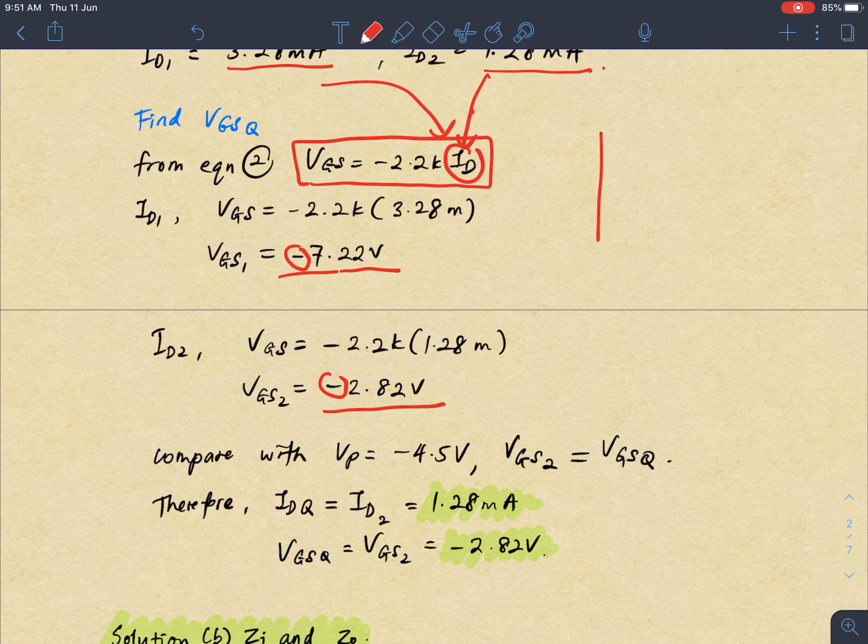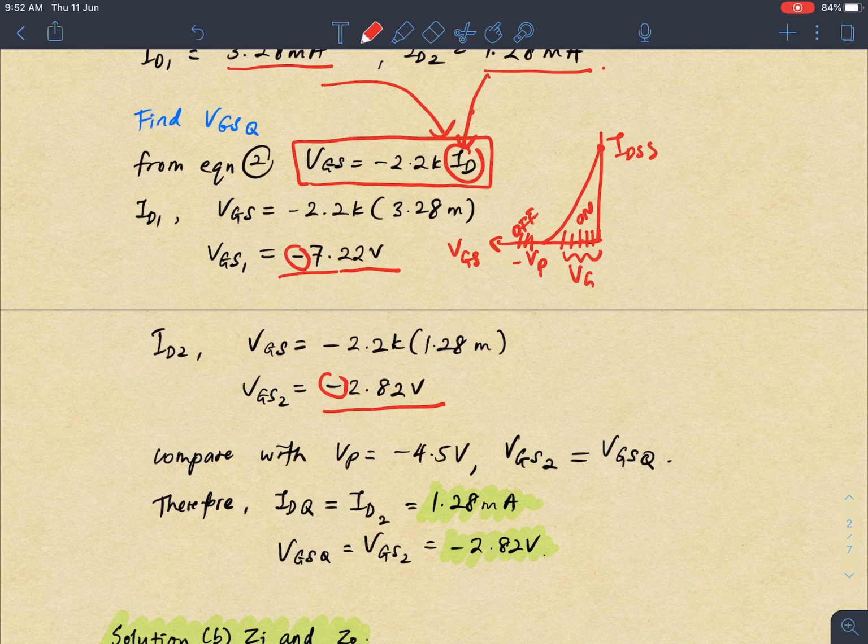Remember this transfer curve. The VP is negative and this is IDSS. So actually your VGS should be between 0 and VP, with magnitude smaller than VP. So this is the on area and this is the off area.